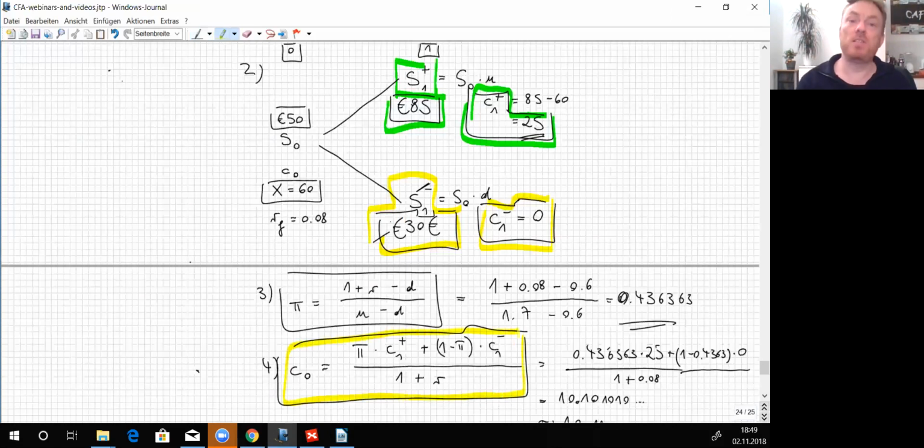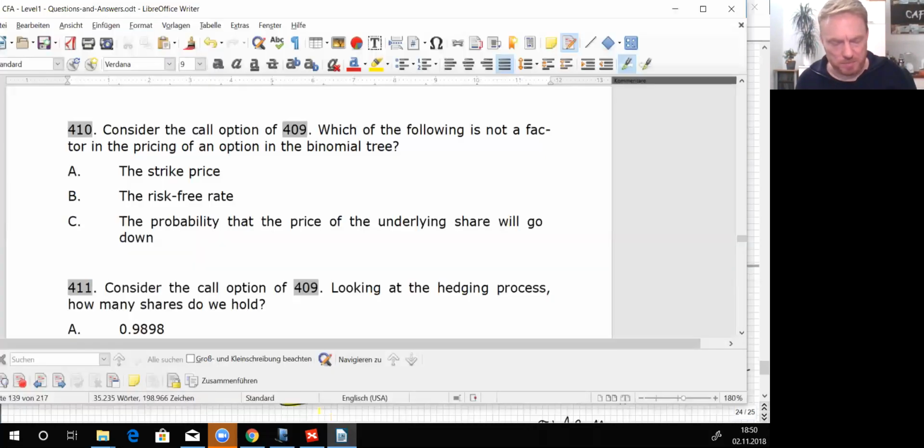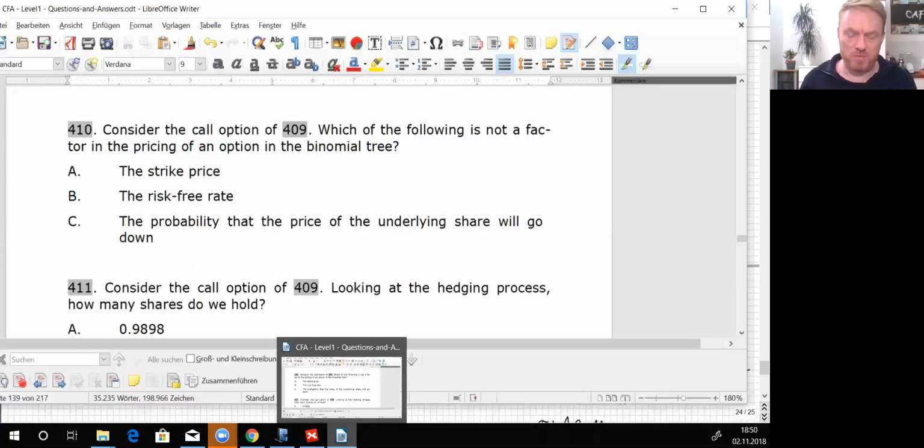In fact, that is a factor when it comes to computing the C1, so the C0, the price of the call option. So that's a wrong answer, and we were looking for the wrong answer, so the right answer is the wrong answer, if you know what I mean. The probability that the price of the underlying share will go down was not a part.